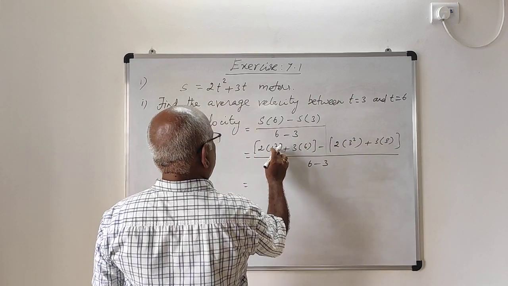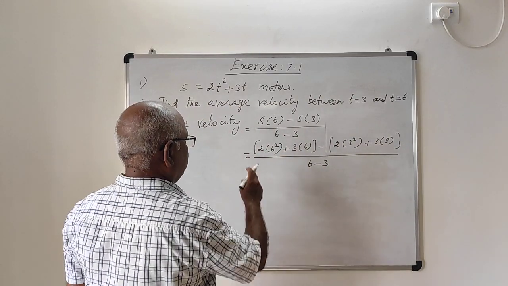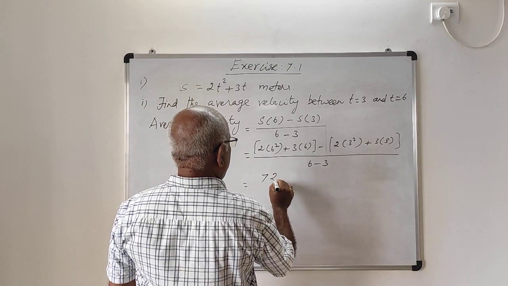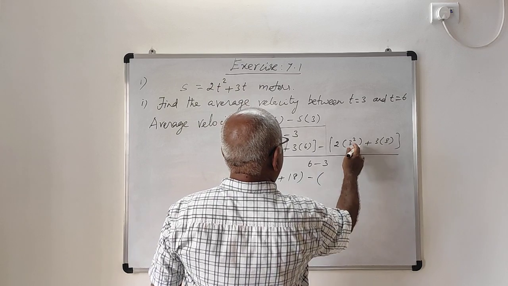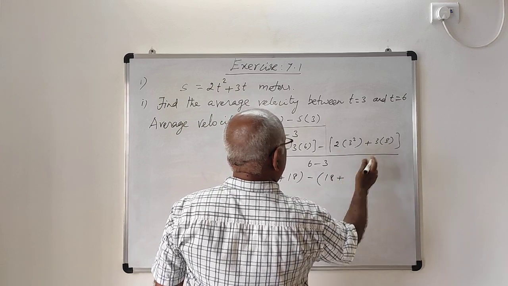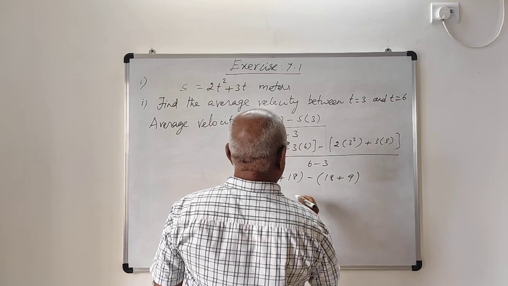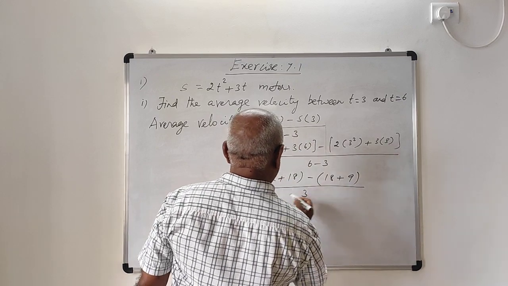This is equal to 6 squared is 36, times 2 is 72, plus 18, minus (9 × 2 is 18, plus 3 × 3 is 9), divided by 6 minus 3, which is 3.